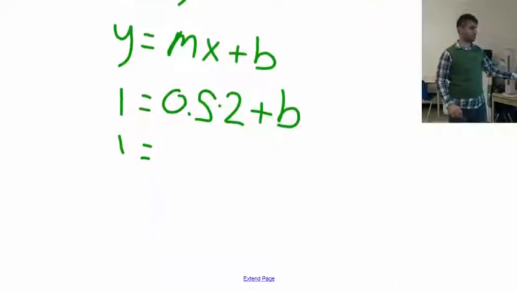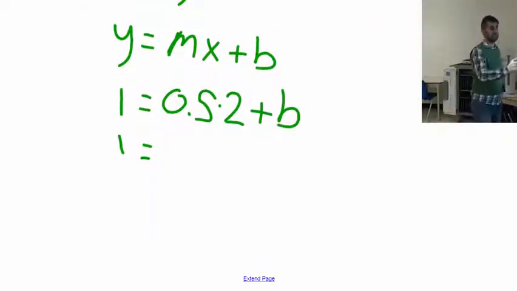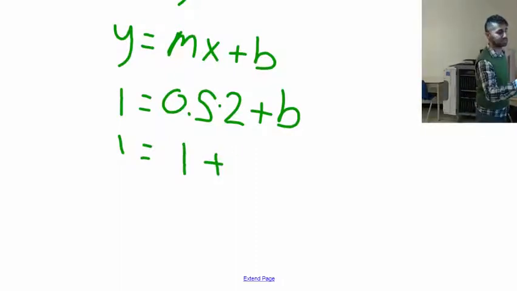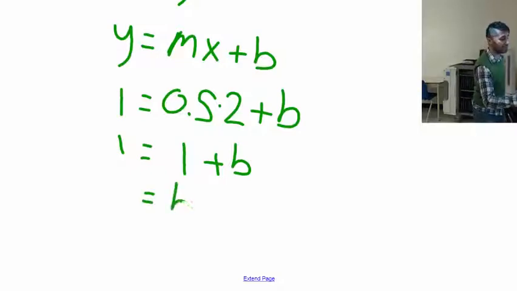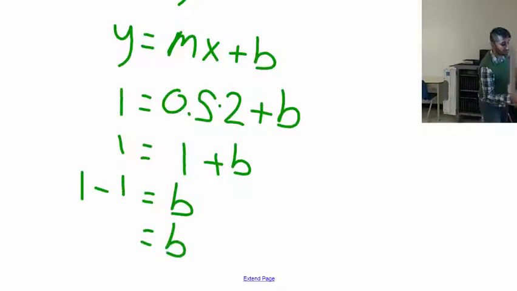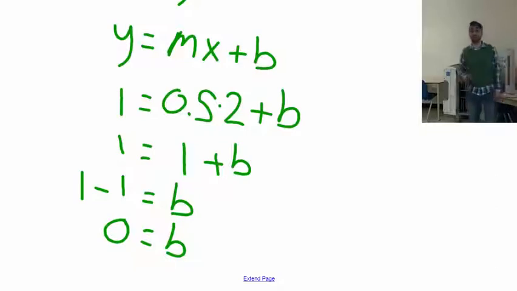Alright, let's go back where we were. 1 equals 0.5 times 2, plus b. That gives us 1 plus b. Now I need to leave b alone. So 1, according to the rules, goes to the other side as -1. That means b equals 0. That means the y-intercept is 0.